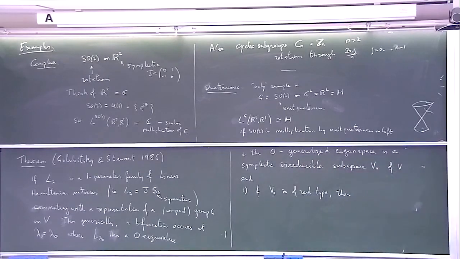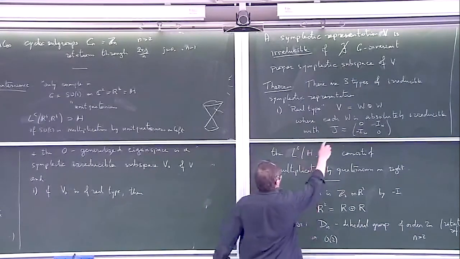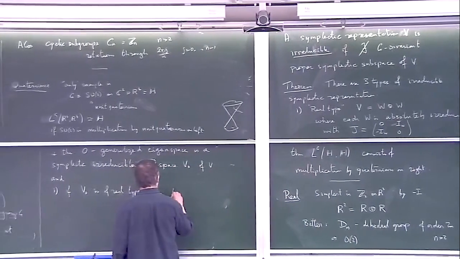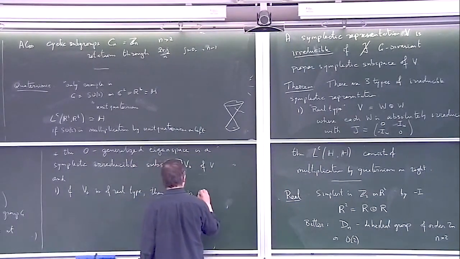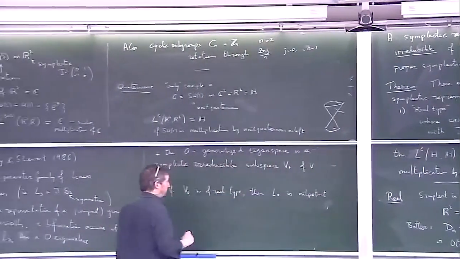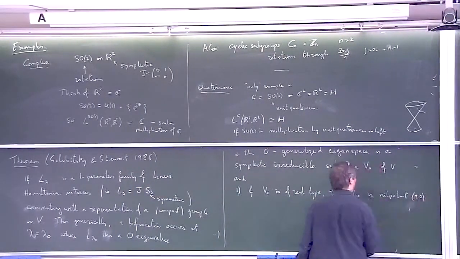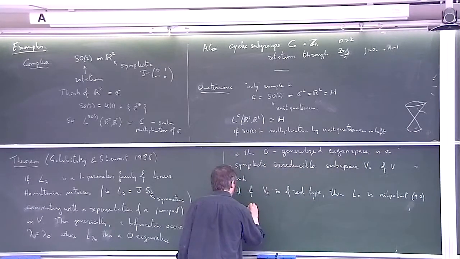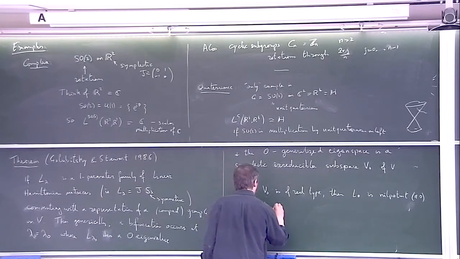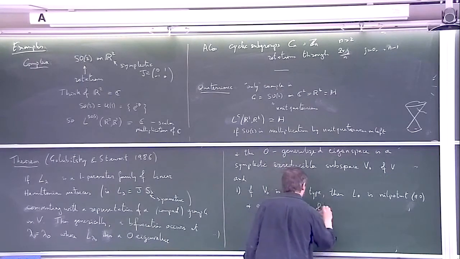If V naught is of real type, so V splits as a sum of two parts, then L naught is nilpotent, not 0, and you get a splitting of the eigenvalues.